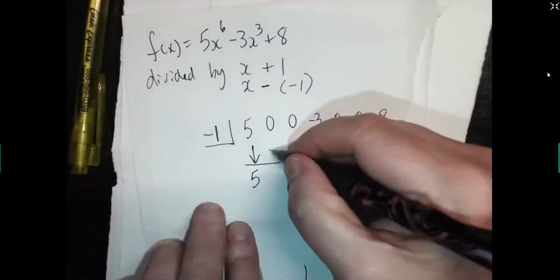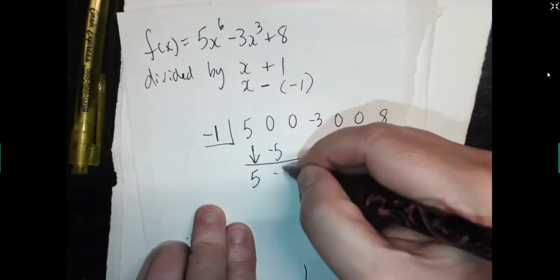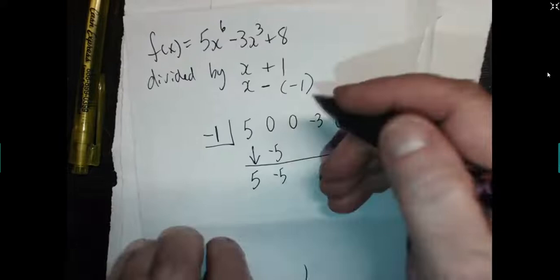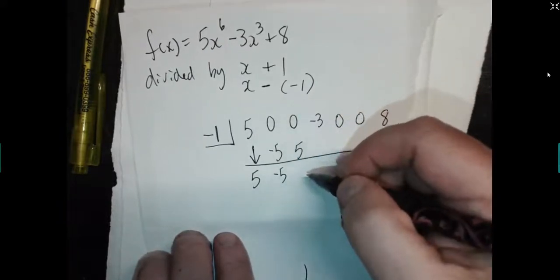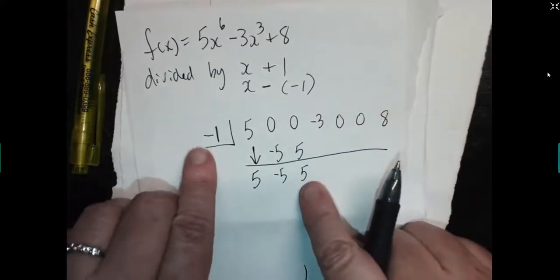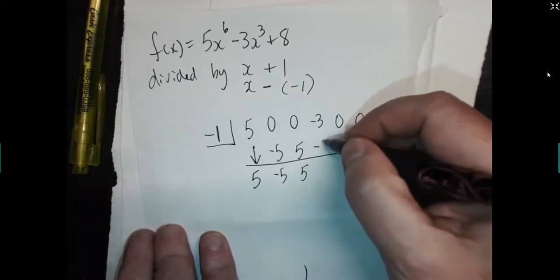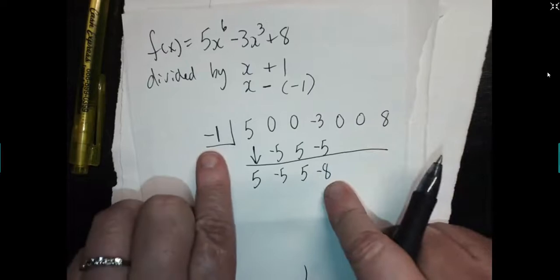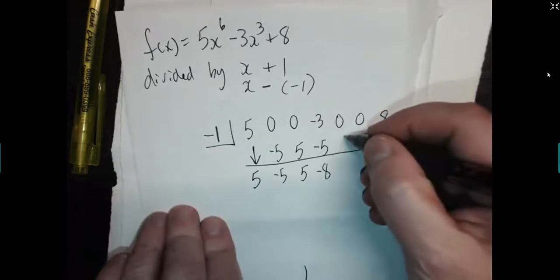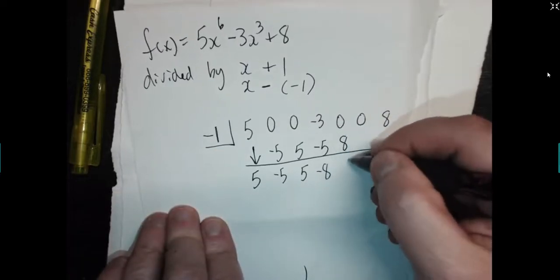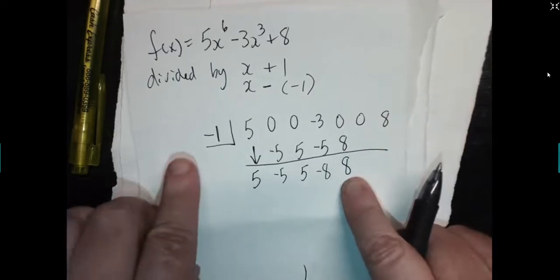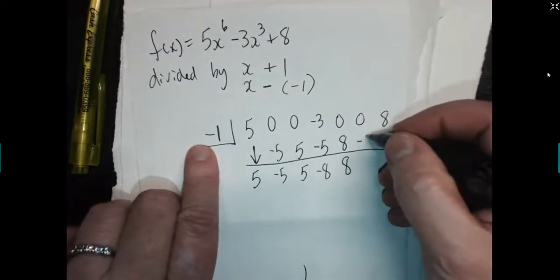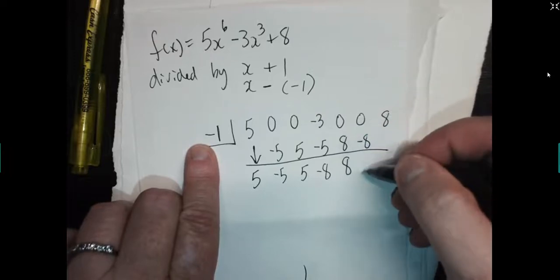5 times negative 1 is negative 5, and then we add. Negative 5 times negative 1 is positive 5, and we add. 5 times negative 1 is negative 5, and we add. Negative 8 times negative 1 is positive 8, and we add. 8 times negative 1 is negative 8, and we add.